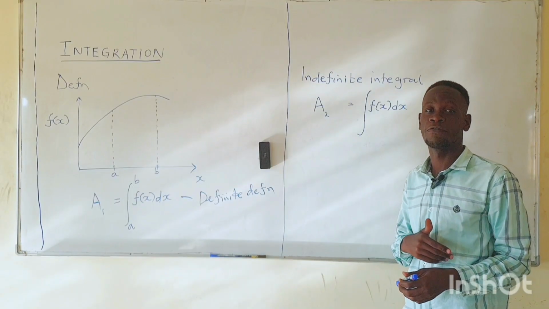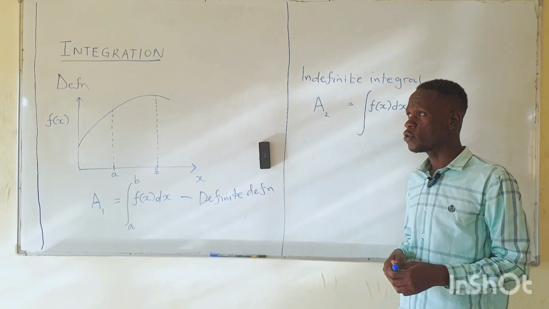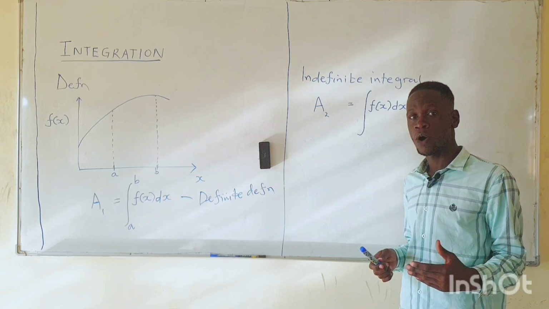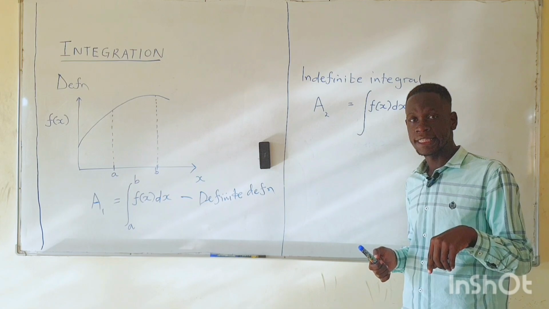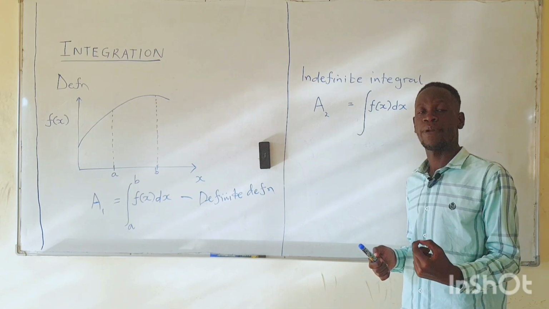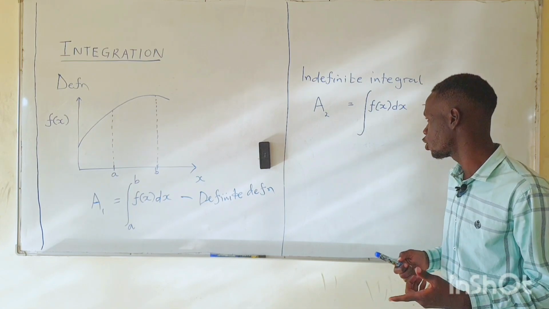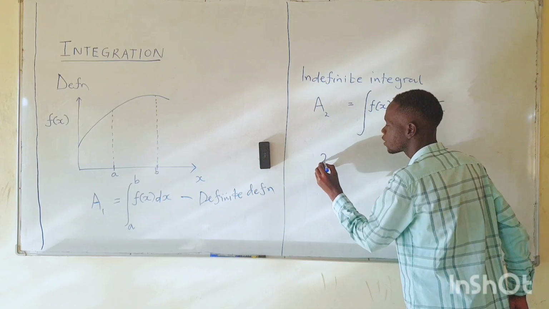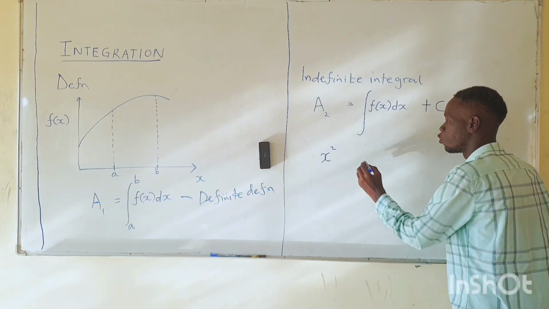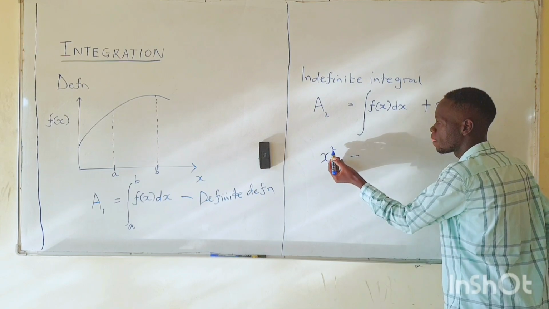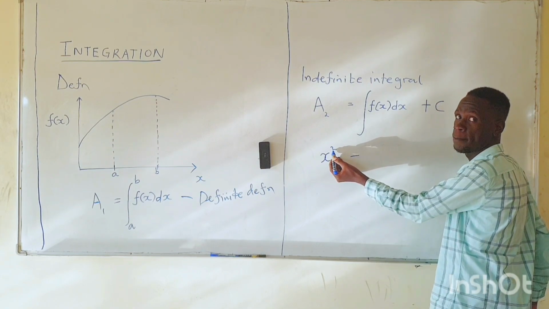Integration is the opposite of differentiation. For differentiation, we get the power of the variable, we subtract it by 1, then we multiply it at the base. What am I trying to imply? If we're having x squared and we are differentiating this, we shall say we are reducing the power by what?